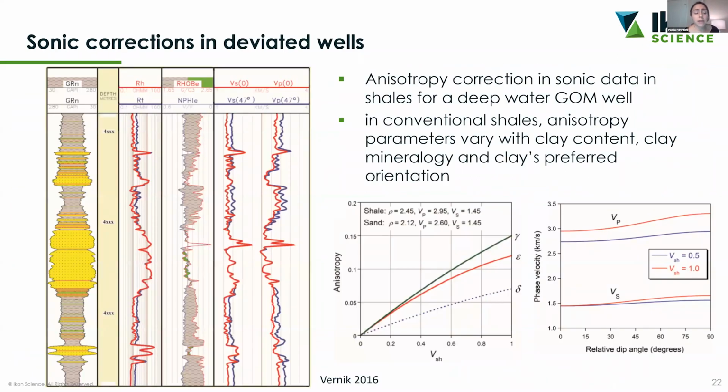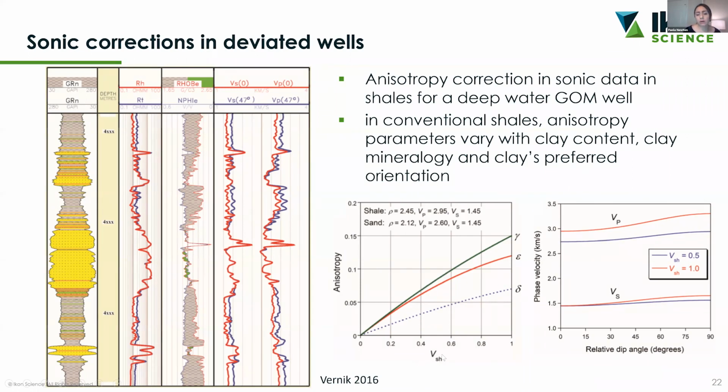Another correction that can be applied, and we sometimes ignore, because we have deviated wells, is the sonic correction. So this is an example of deep water, and there has been an isotropic correction applied to the data. On the plots that we have on the right, I would like to highlight this also from Wernick, the relationship between V shale and anisotropy.